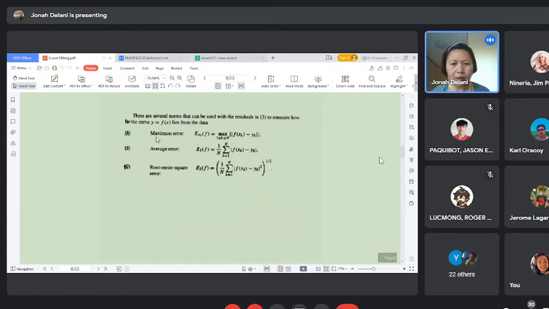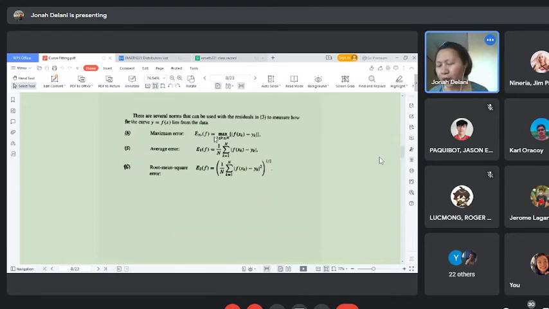So one would be to check for the maximum error. Ang katong pinakagamay nga maximum error mao to atong sundon. Or number two, we check for the average error. Meaning average difference nila. And then of course, we follow the lesser error. Or we check for the root mean square error.